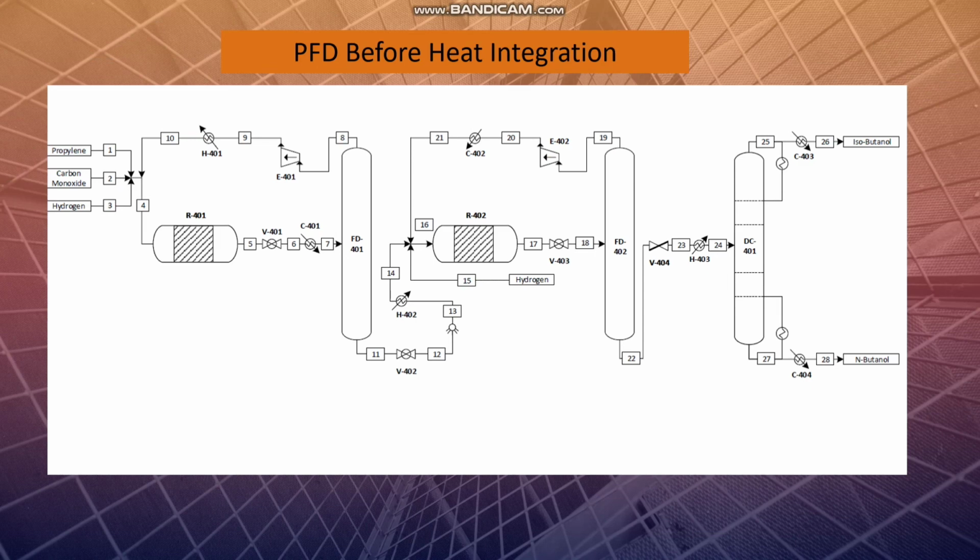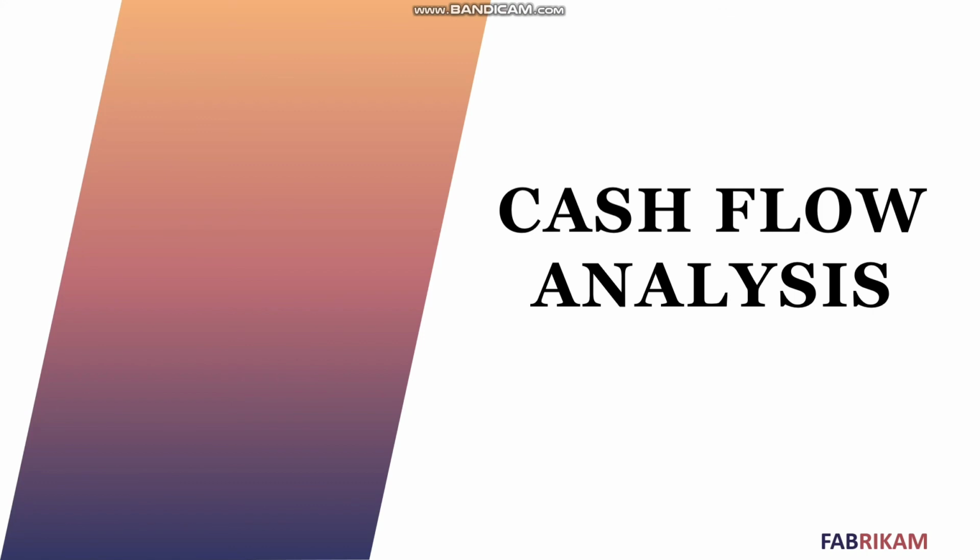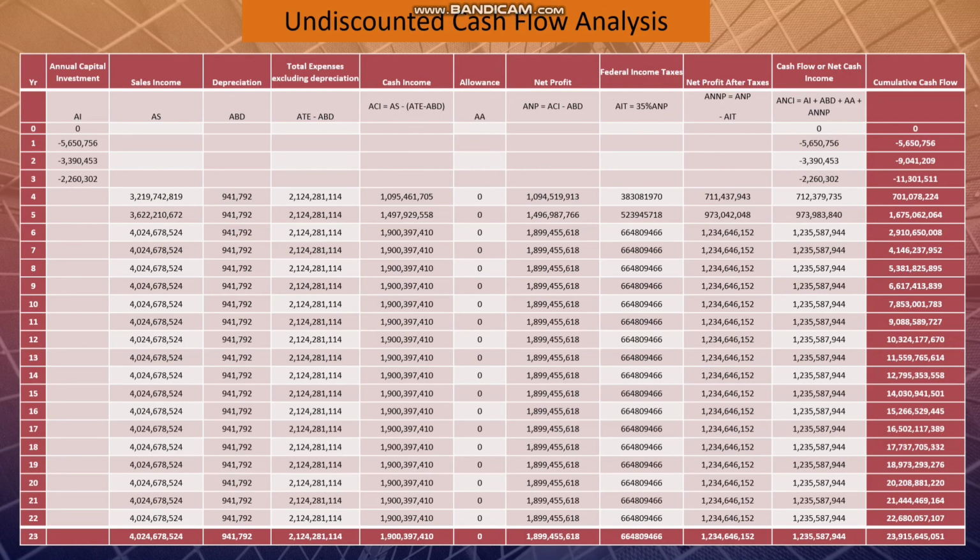This shows the PFD before heat integration. And this is the PFD after the heat integration, where heat integration is used by using a heat exchange network to save more energy. Now we are going to the cash flow analysis. Here is the undiscounted cash flow analysis where there are no discount rates being used.